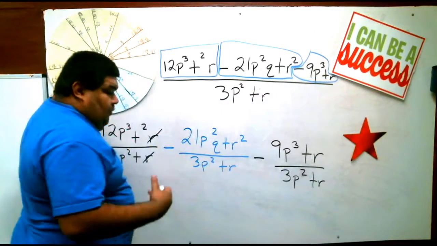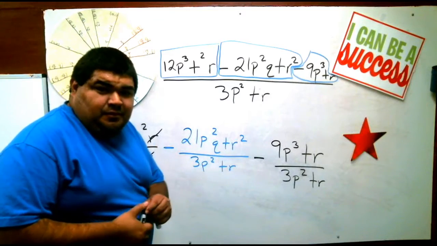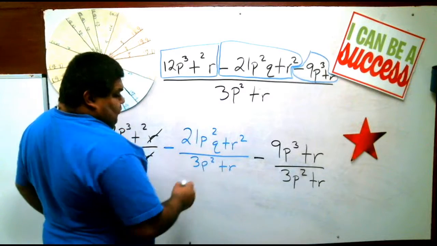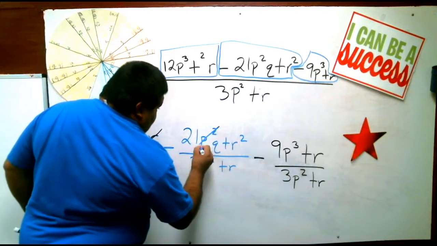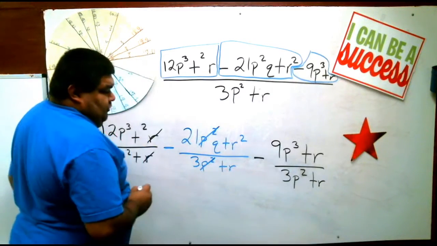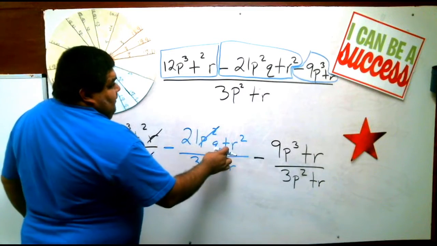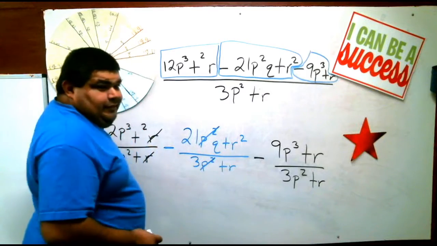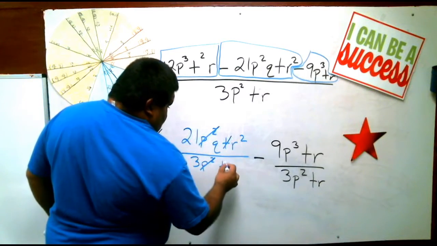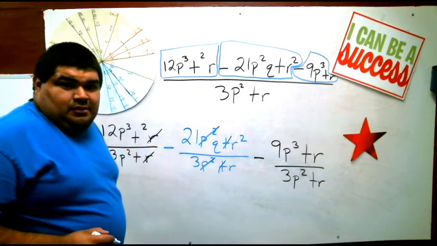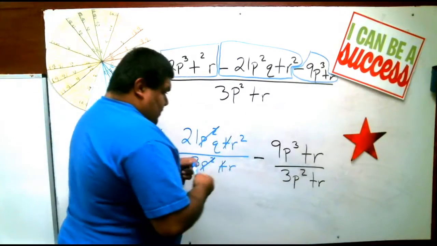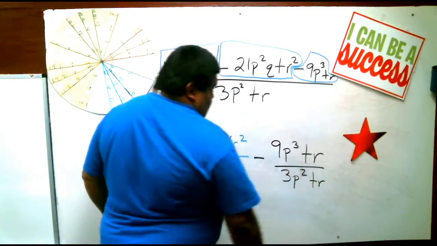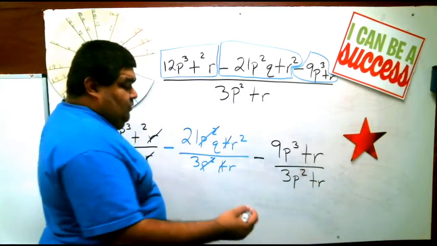Is there anything they both have in common? They do. They have p squared and p squared. So we're going to cancel out the p squared. Notice that one has a t, and the other one has one t. So the t's are going to be canceled out. And then on the final one, notice that we have t r and t r that are exactly the same. So we're going to cancel them out.